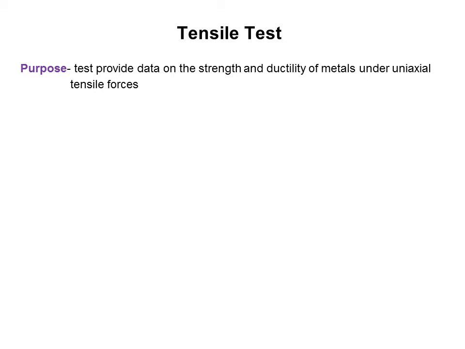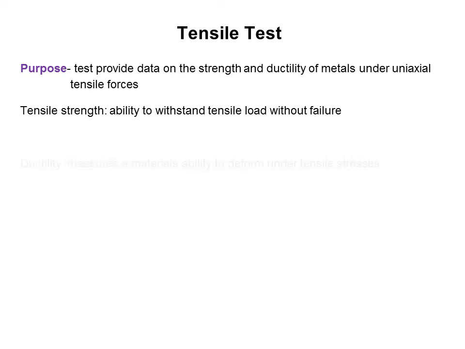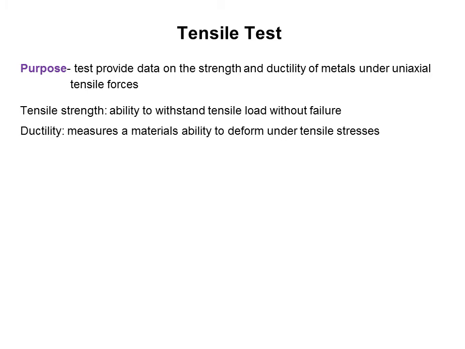Now, in this video, I am going to explain the tensile test. The purpose of this test is that it provides data on the strength and ductility of metals under uniaxial tensile forces. Tensile strength is the ability to withstand tensile load without failure, while ductility is the measure of a material's ability to deform under tensile stresses.